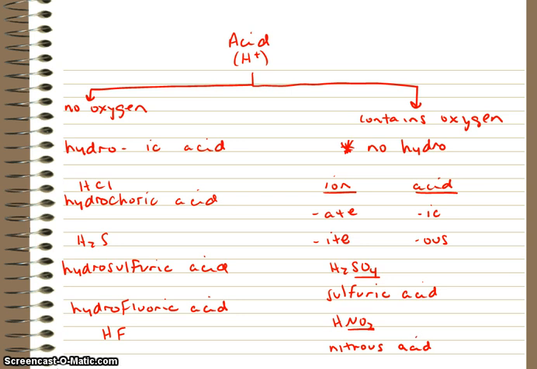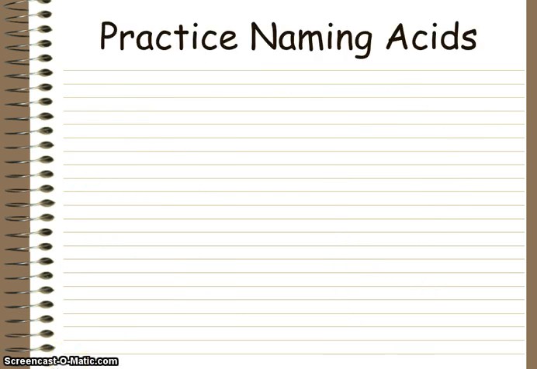So let's look at some examples. Let's say we've got HF. It's an acid. It doesn't contain oxygen, so we'll go along the left side of our flowchart. We'll use our prefix hydro. Our stem will be fluor, and our suffix will be ic.